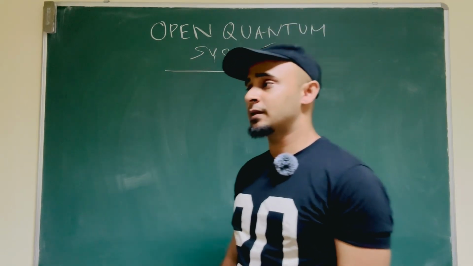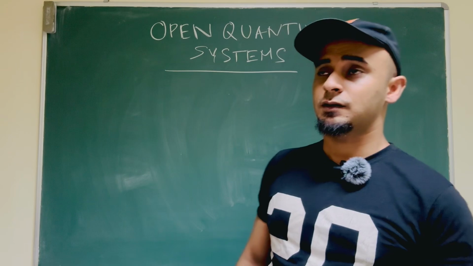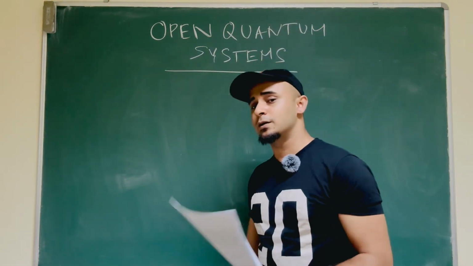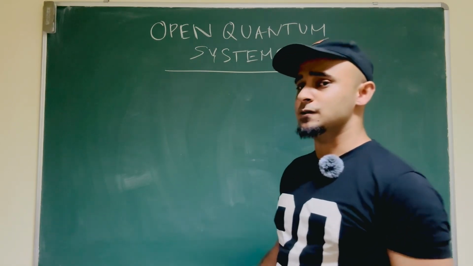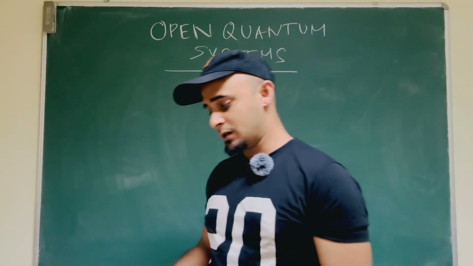Until now we have been dealing with closed quantum systems only, and for this lecture also we'll be dealing mostly with closed quantum systems, but we're going to learn some interesting things that you might have missed in your earlier courses.